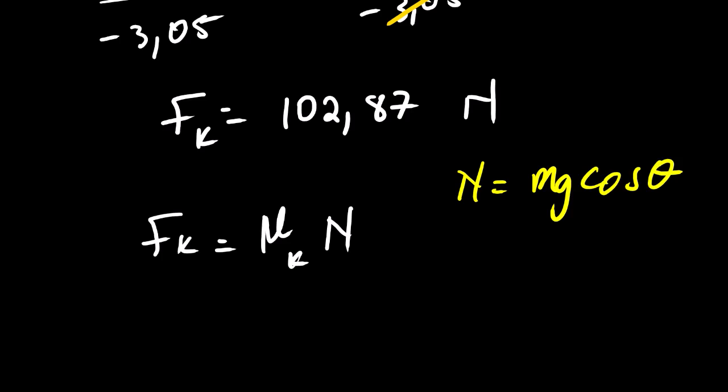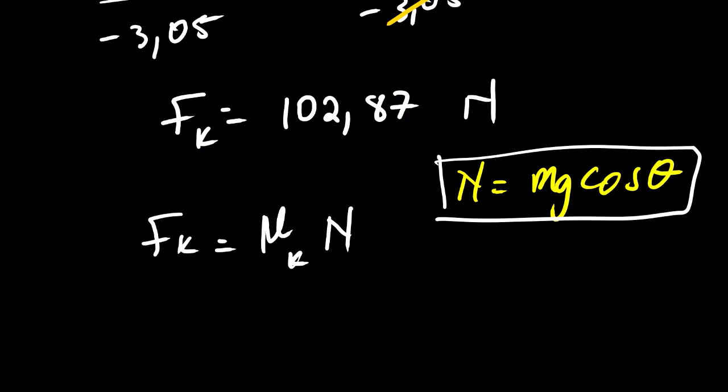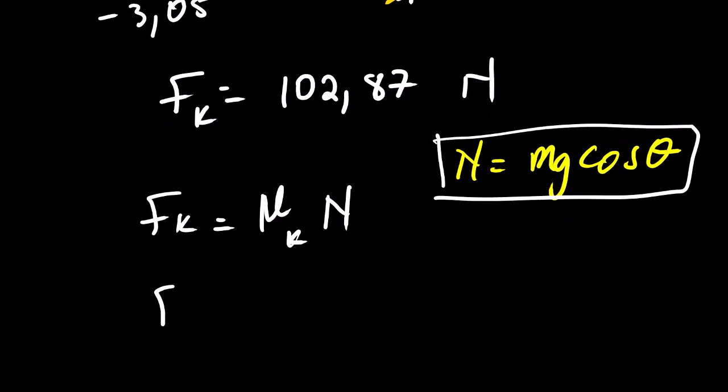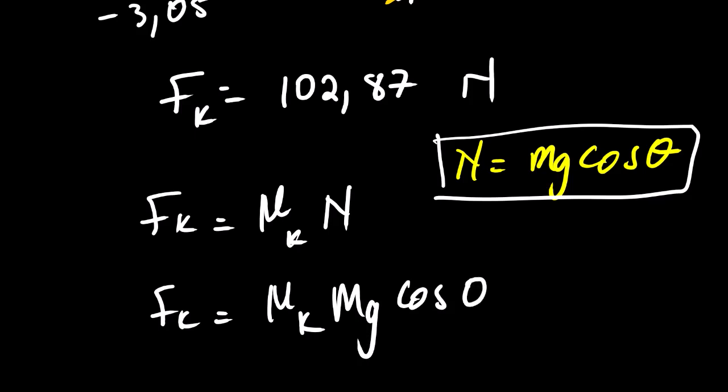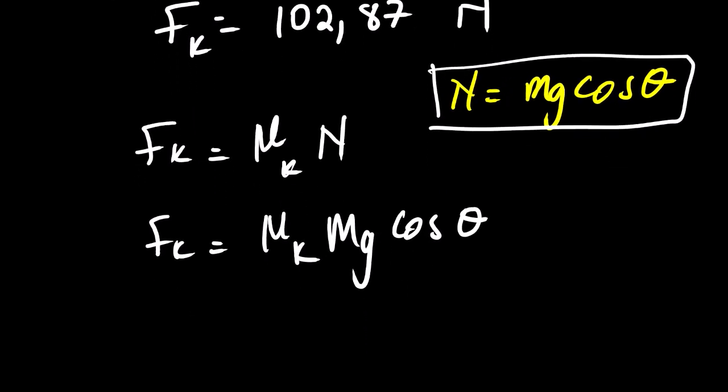Lesson 101 explains everything, how this equation is applicable in this situation. So to express this, we have Fk equals coefficient multiplied by mg cos theta. We know the value of Fk is 102.87, equals, we are looking for the coefficient.